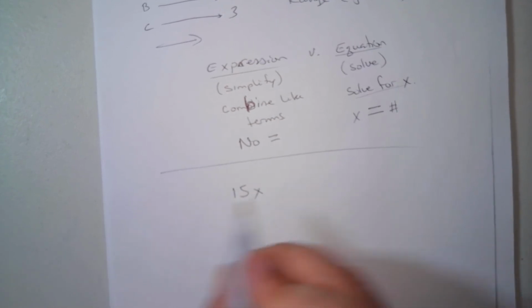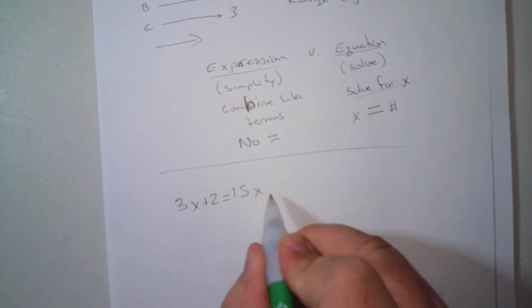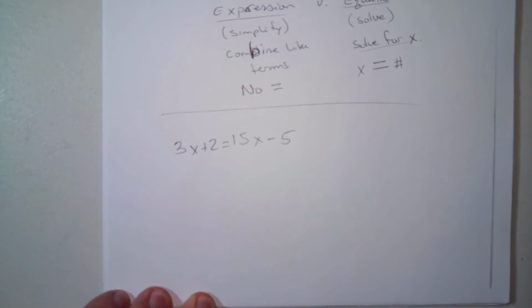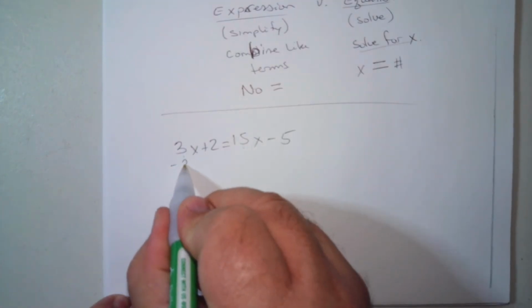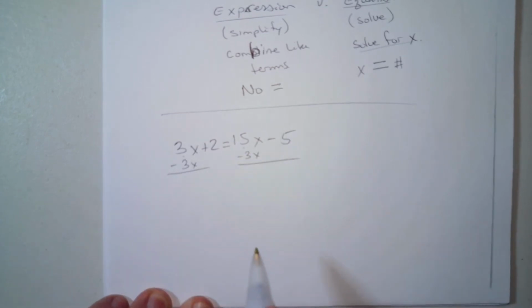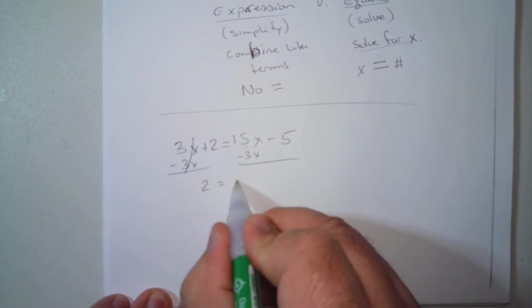3x plus 2 equals 15x minus 5. Typically what people like to do is have the x on the left-hand side, but that's where the problem occurs. Move the smaller to the larger. Since 3 is smaller than 15, I move there. 15 minus 3 is 12.